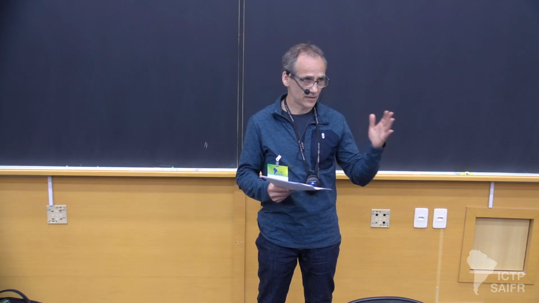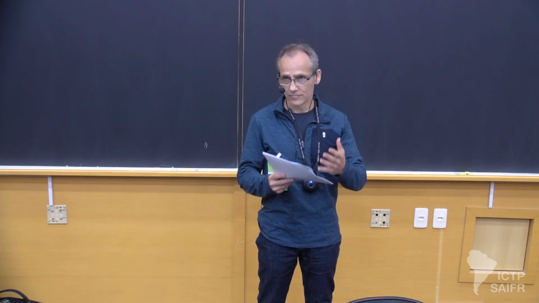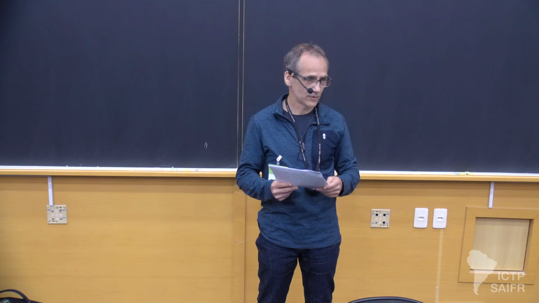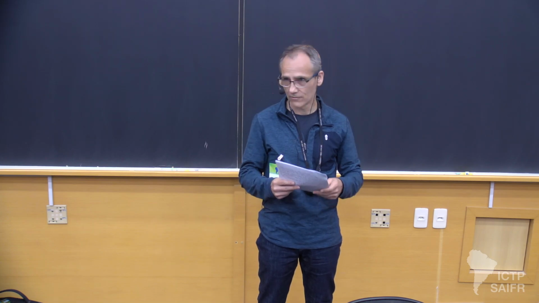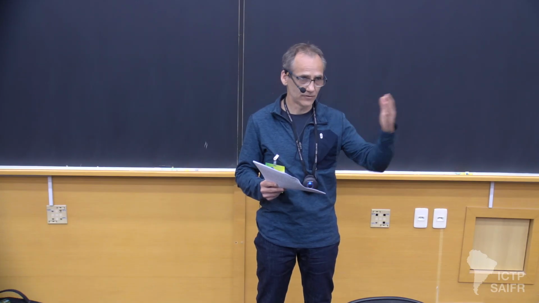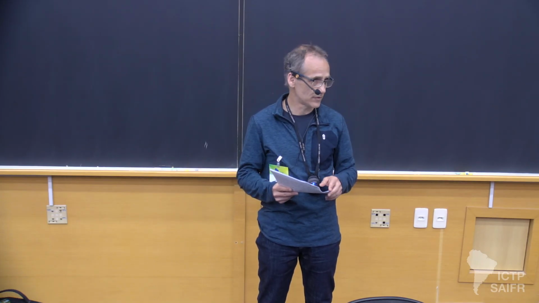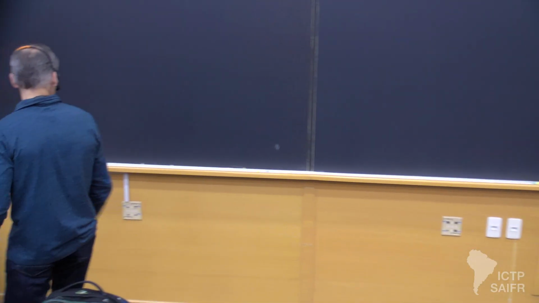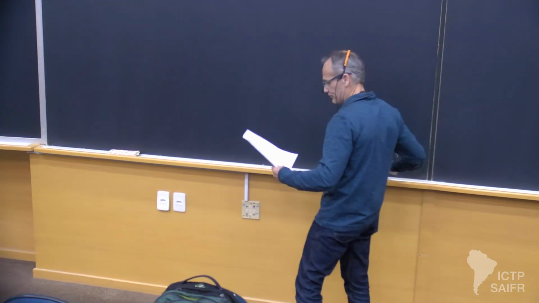And so I'll start by discussing a bit of the math that we need to describe fluctuations. What is a random field, particularly what is a Gaussian random field, what are correlation functions, the power spectrum, and so on. And then we'll get into the physics of how structure forms, okay? So that's the strategy for today.